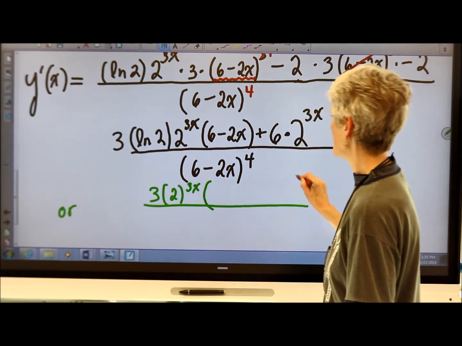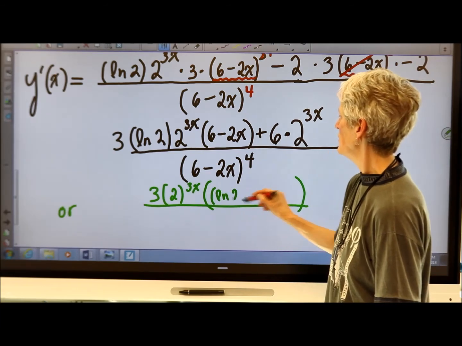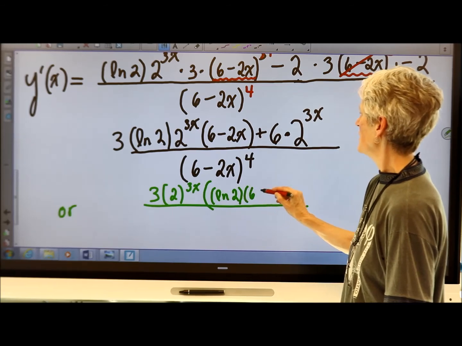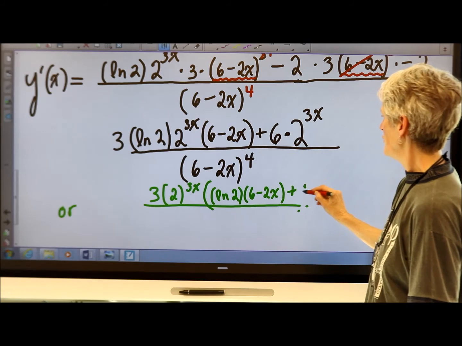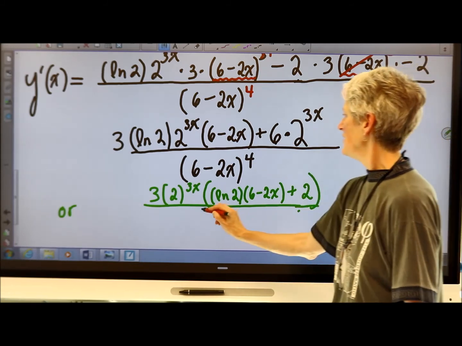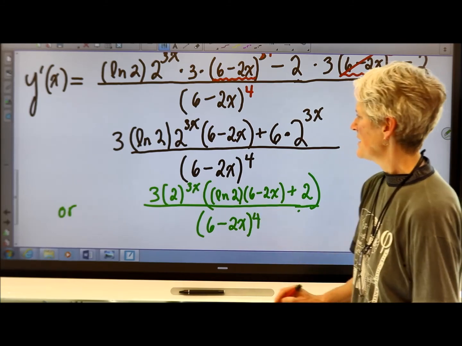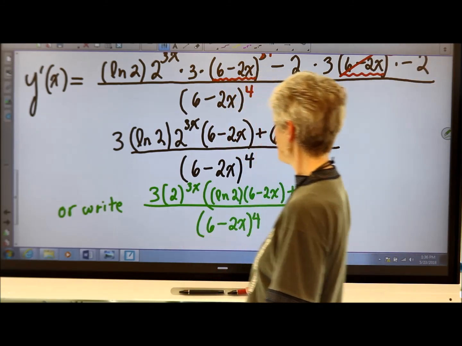So I'm going to factor that out. That leaves me with a natural log of 2, times 6 minus 2x plus 2 in the numerator, and the denominator 6 minus 2x to the 4th. So you could also write it this way.